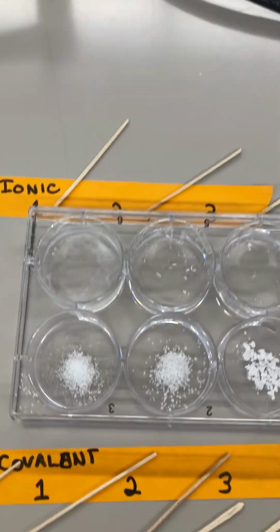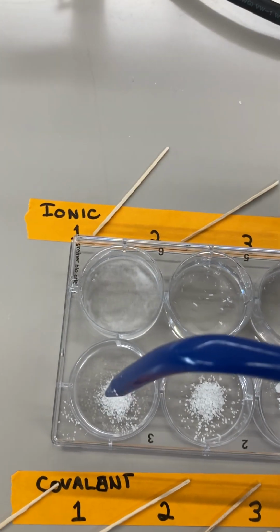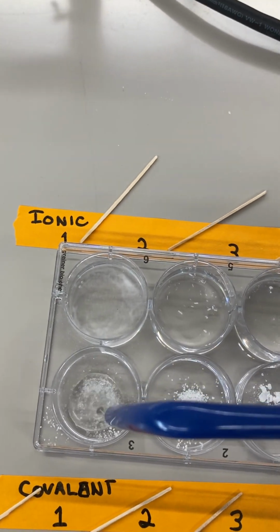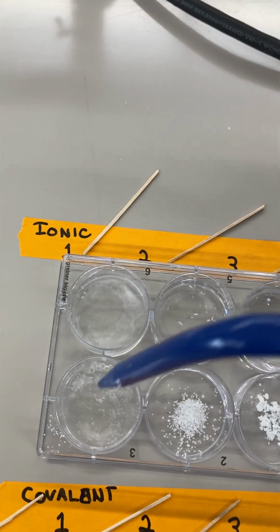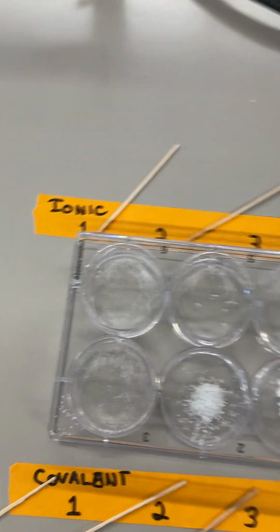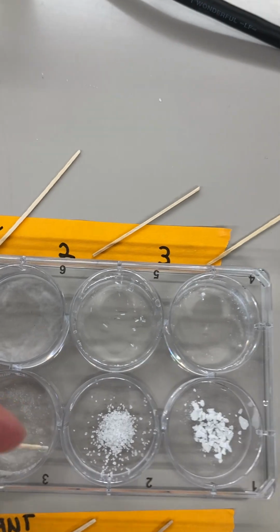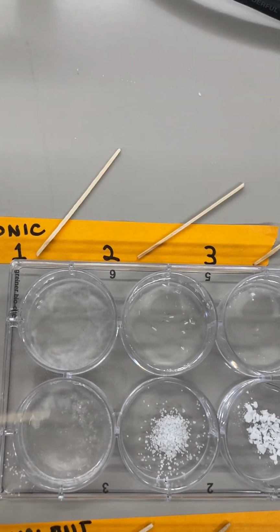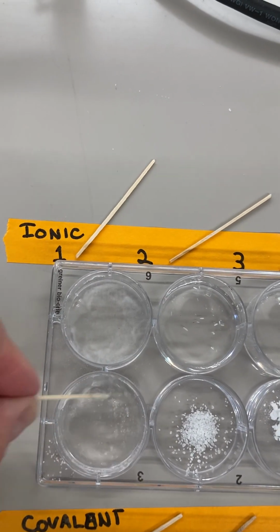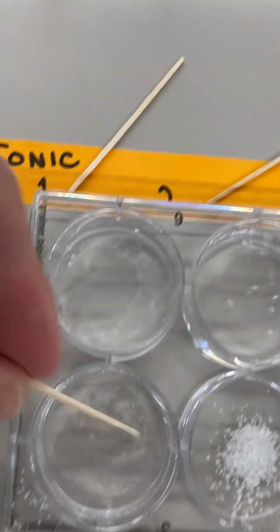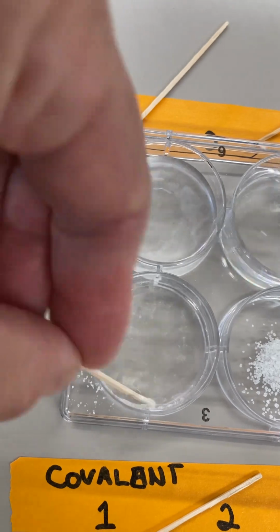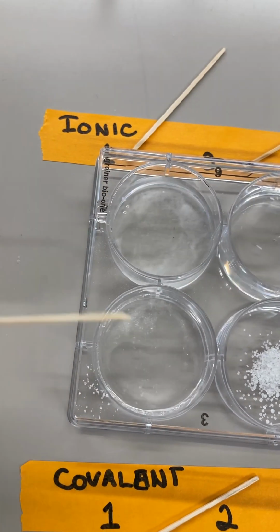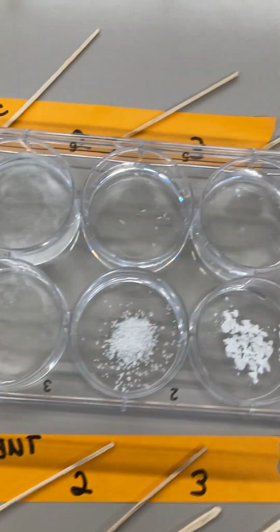Let's go down to our covalent. Stearic acid, that was number 1. No, sorry, number 1 was fructose, excuse me. Stearic acid was number 3. So I'm going to, yeah, that's definitely soluble in water.